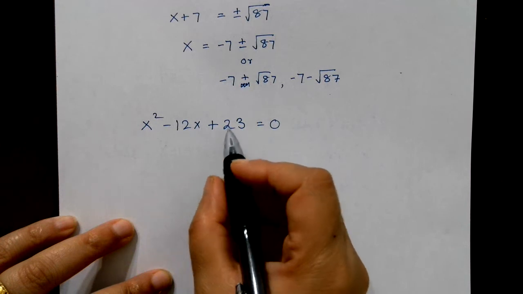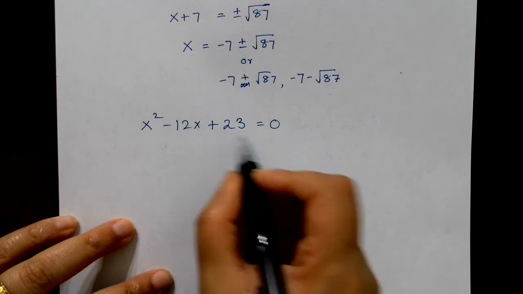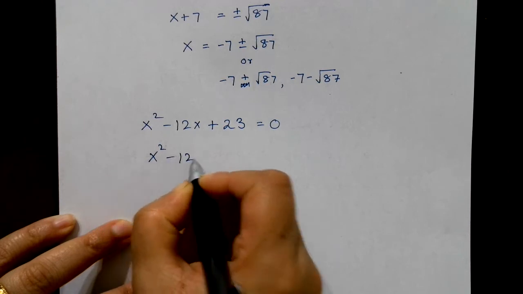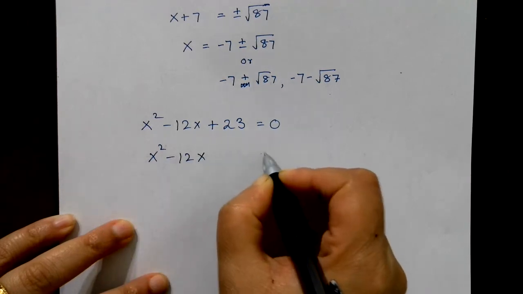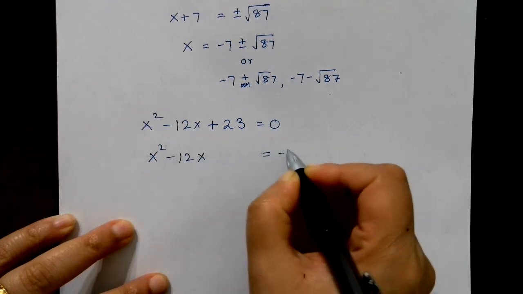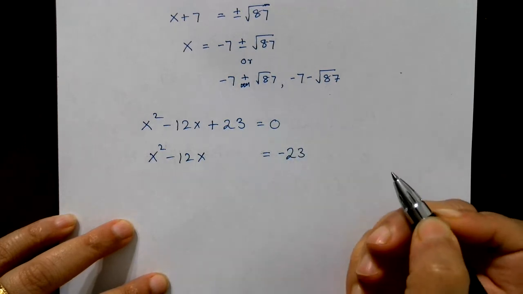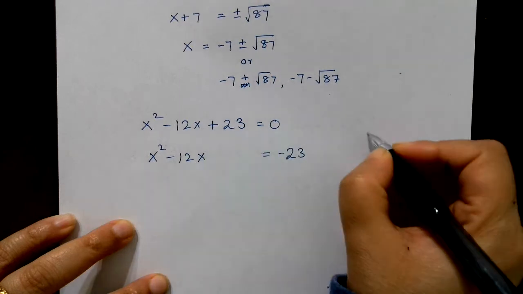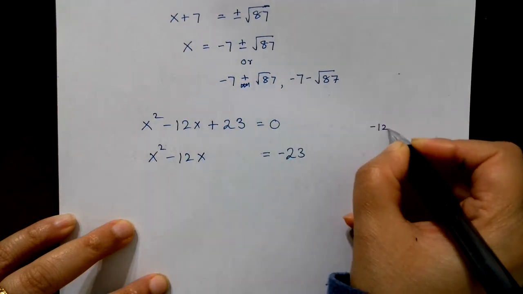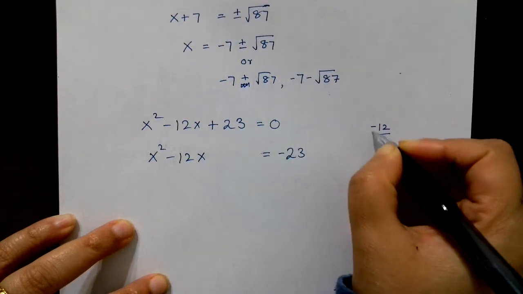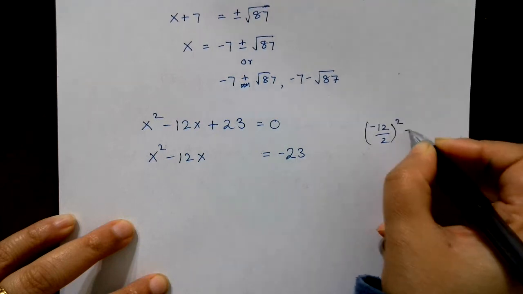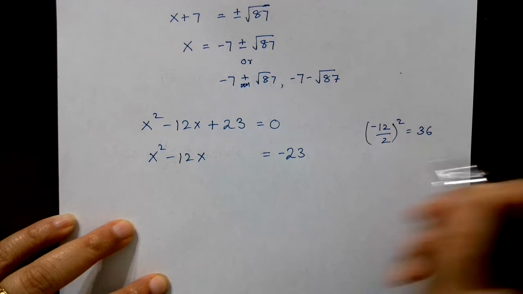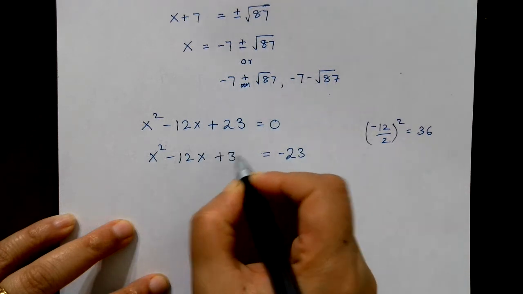Okay, the first step, make sure the constant is on the other side. x squared minus 12x equals negative 23. After that, you have to take the coefficient of x, divide by 2, and you square it. That gives you negative 6 squared, which is 36. Add 36 to both sides.